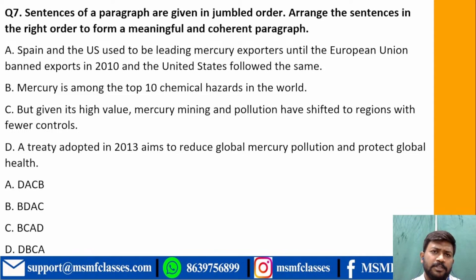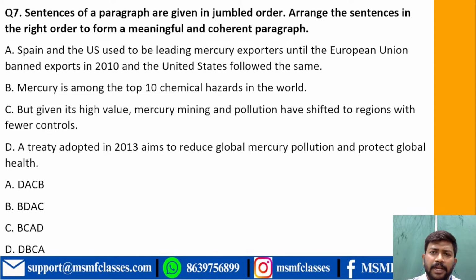In A: Spain and the US used to be the leading mercury exporters until the European Union banned exports in 2010, and the United States followed the same. In C: but given its high value, mercury mining and pollution have shifted to regions with fewer controls. If you observe, B is getting the correct combination, so you can go with BCAD.